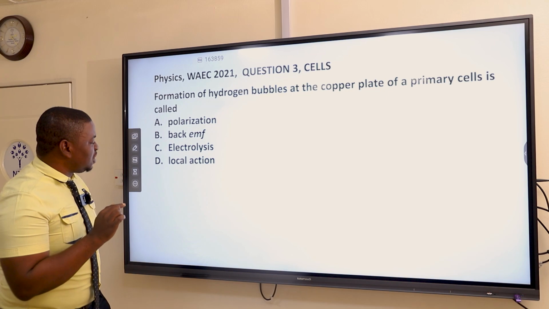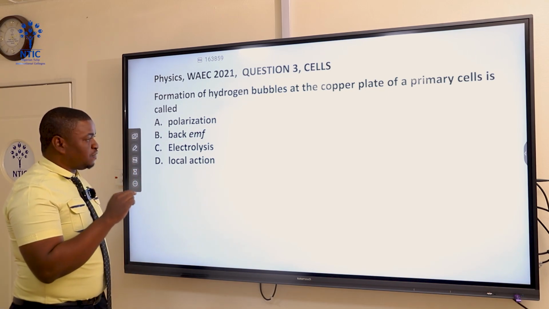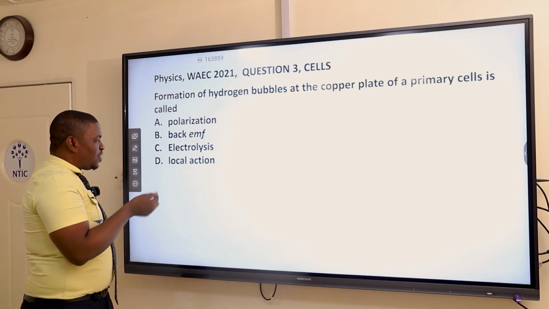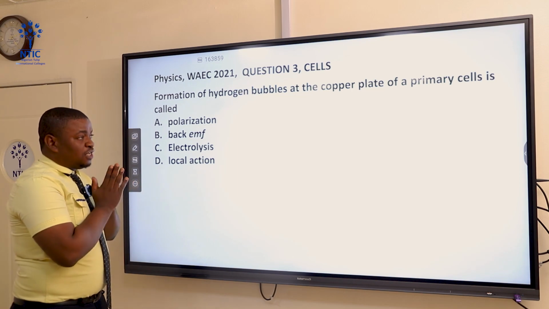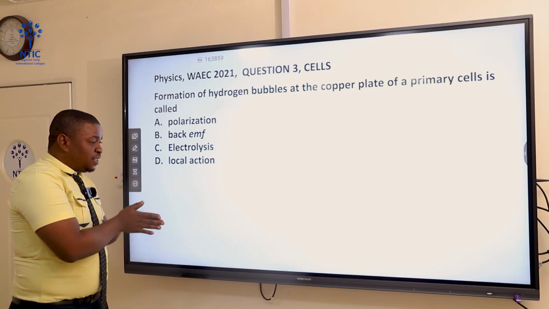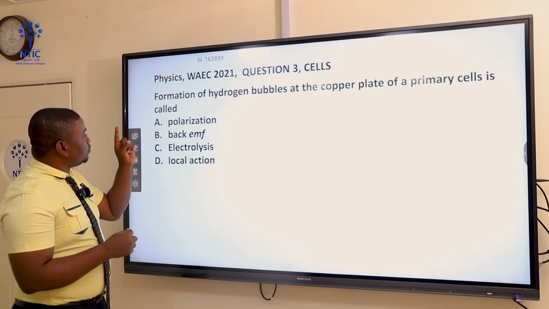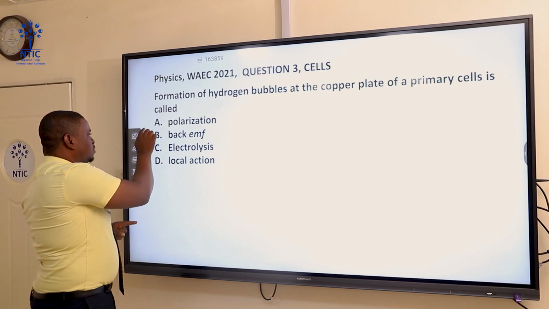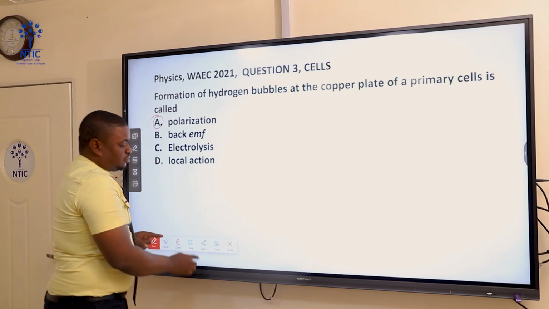Local action is a defect in a cell that results from impure electrodes. How do you reduce local action in a cell? What you do is amalgamate the cell. You use mercury to reduce local action. So from the question, the correct option is option A, which is polarization. Next.